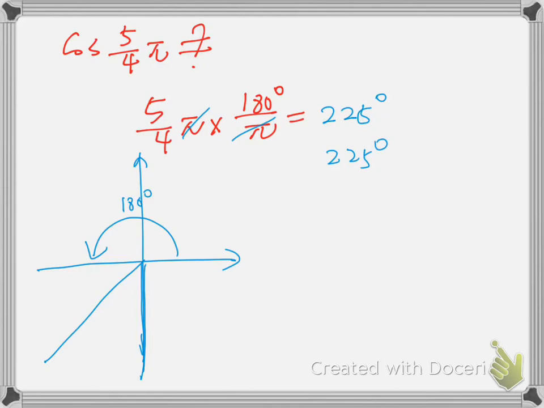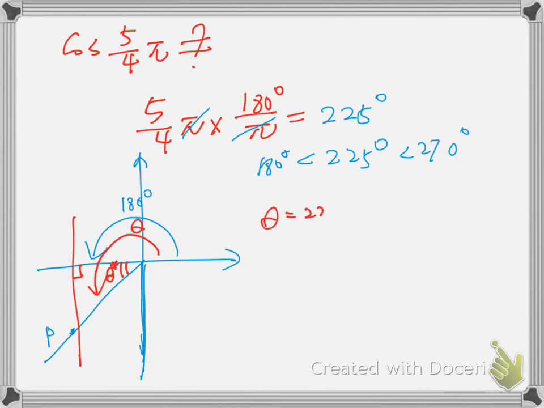So this is between 180 and 270. So that gives us the terminal side. So now we choose a point P here and then draw the vertical line to get the right triangle. Okay, right triangle. So now this acute angle in the right triangle, this is the reference angle theta star. So now we know the whole rotation, theta, is 225.